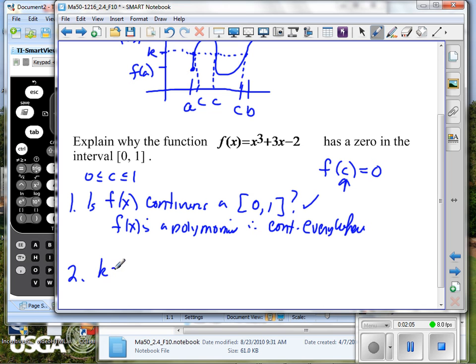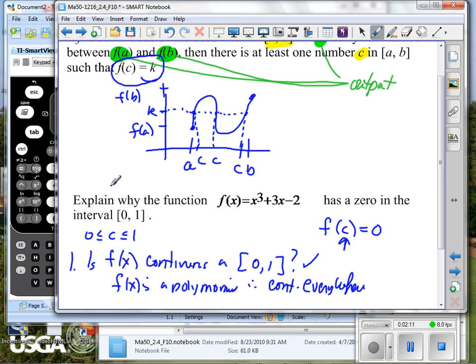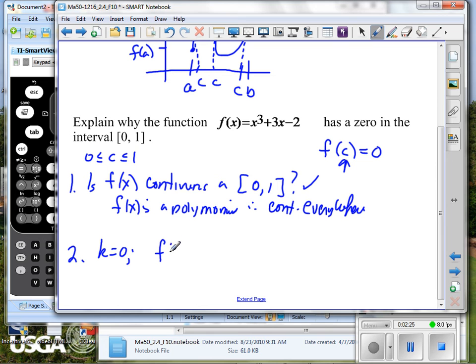So let's say k is 0, but what else do I need? I need f of a. What's a? And what's b? Okay, so I need f of 0.